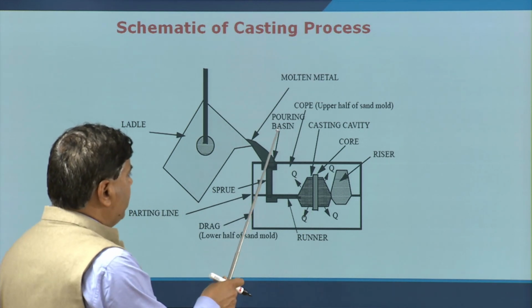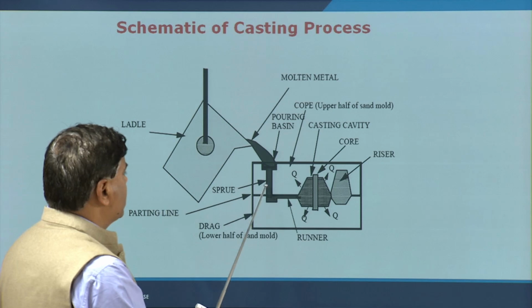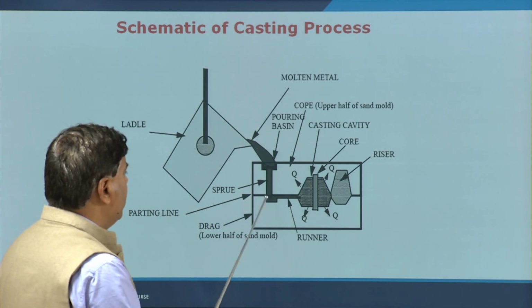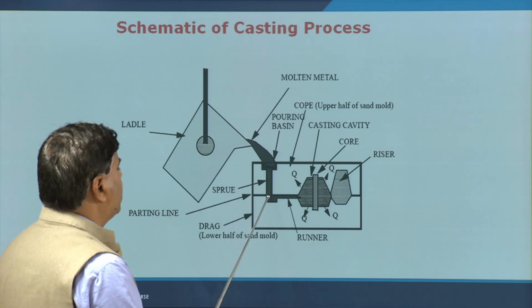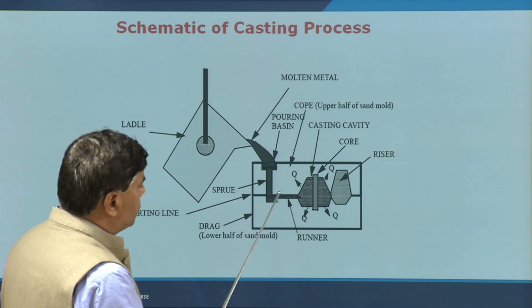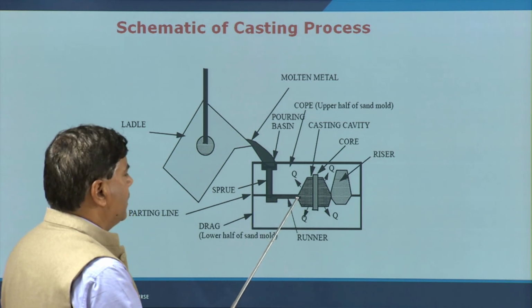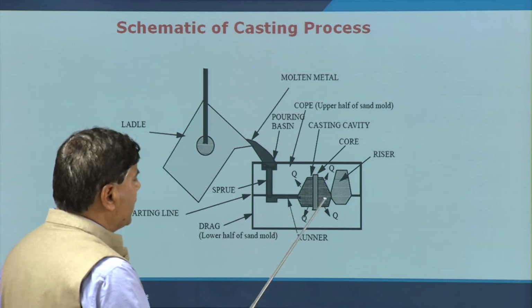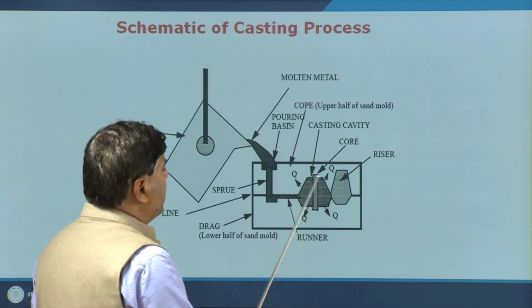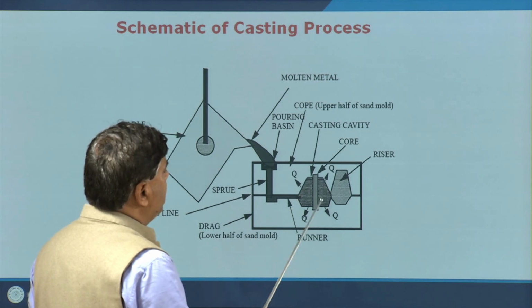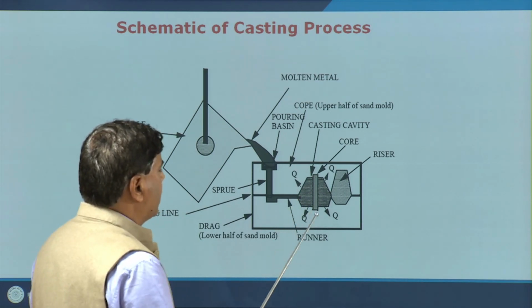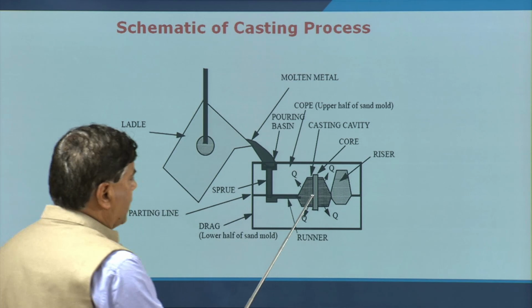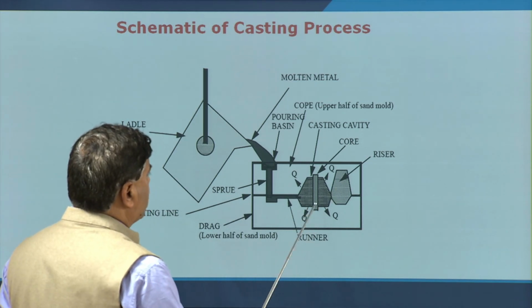Then the molten metal from the pouring basin is fed to the sprue, and from the sprue it goes to the runners, and through the runners it enters into the mold cavity. In the mold cavity, there is a riser, and this is the core.